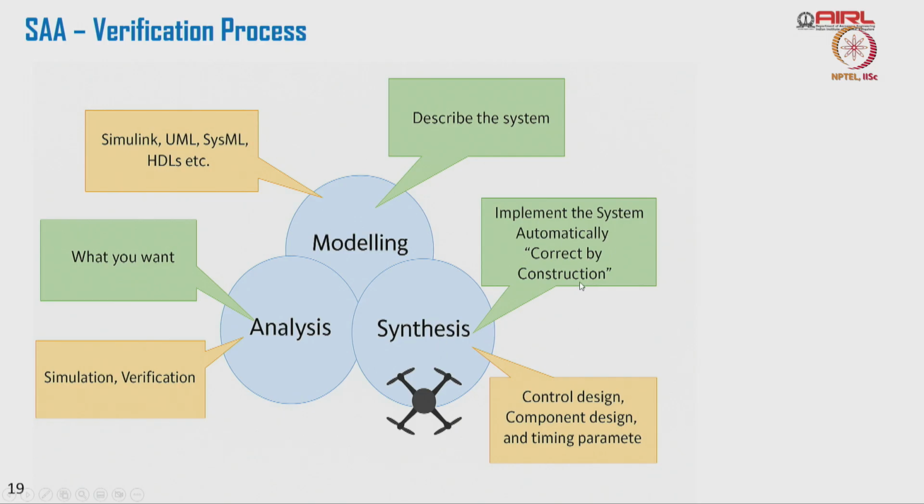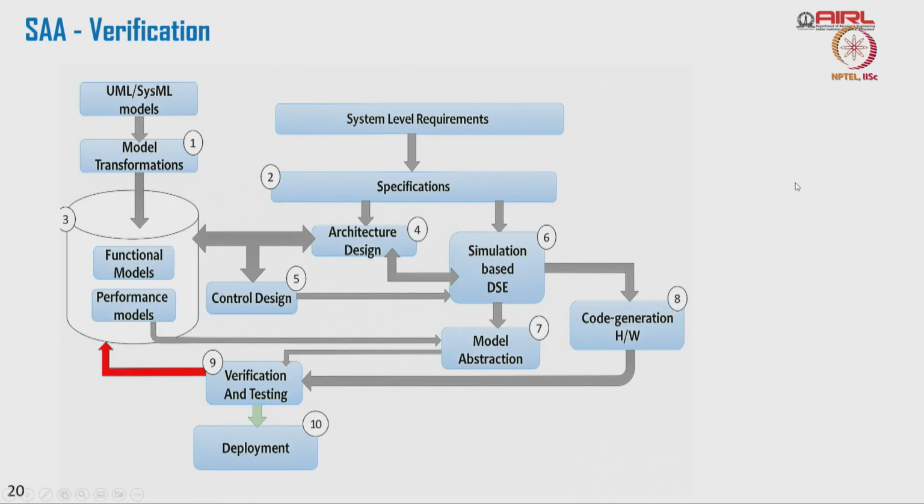I have to implement it to check whether my control design is efficient, or whether the component design and the timing parameters of whatever I have taken into account are sufficient to generate the trajectory and track the trajectory such that the drone avoids the collision and performs the maneuver in a reliable manner. That verification process is also very important before we deploy, right?